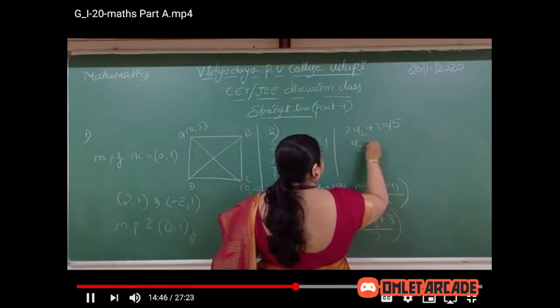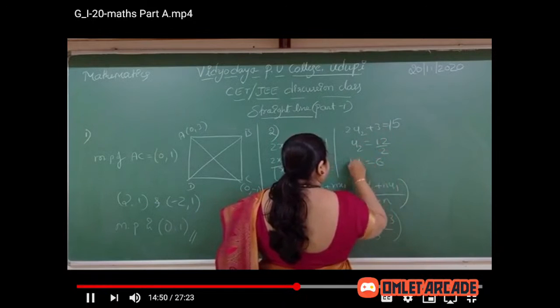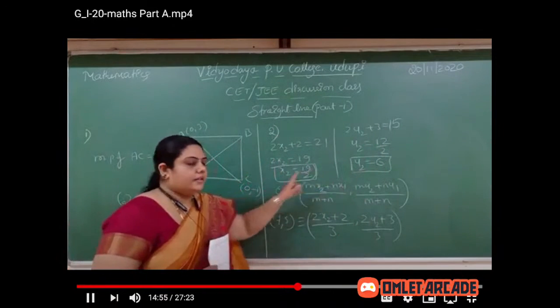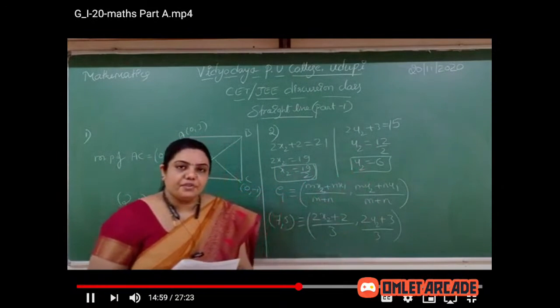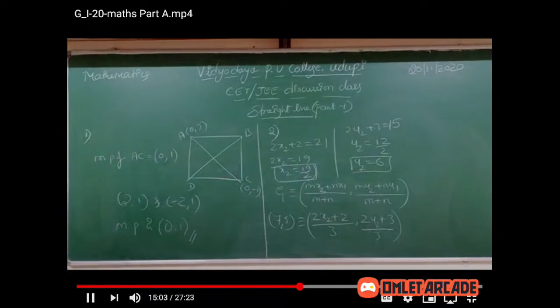So y2 is equal to 12 by 2, so y2 is 6. See which option has these coordinates: 19 by 2 comma 6. Is it option 4? Isn't it? Option 4.